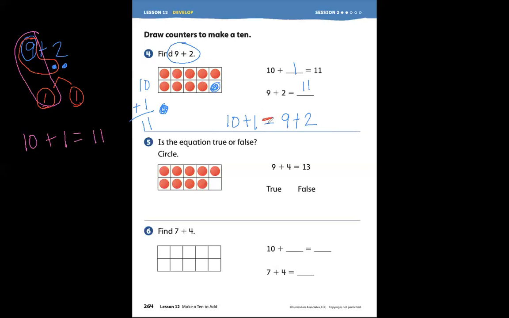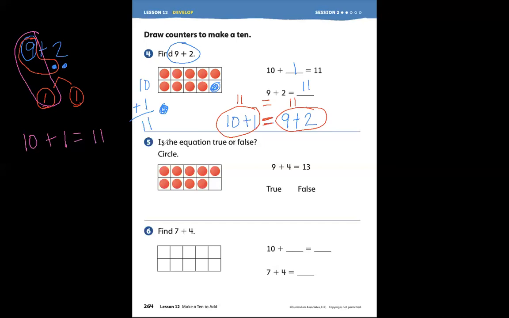Because what I'm learning about the equal sign is that everything on this side of the equal sign has to be the same as everything on this side of the equal sign. 10 plus 1 is 11. 9 plus 2 is 11. Does 11 equal 11? Yes. So they are equal. That means this statement is true.